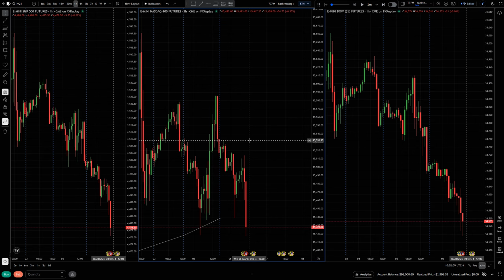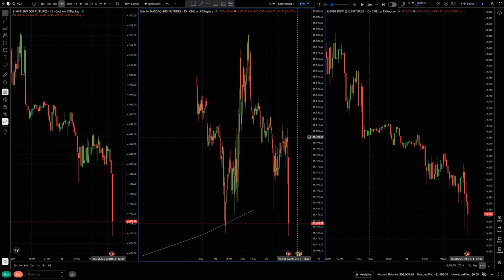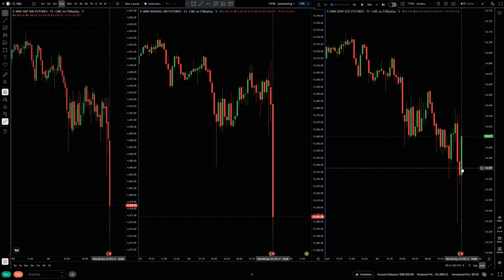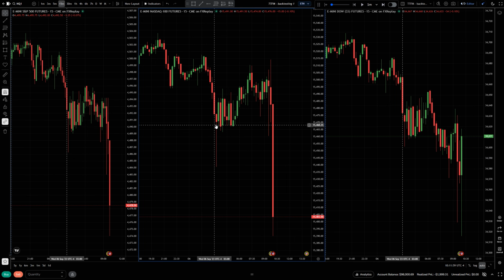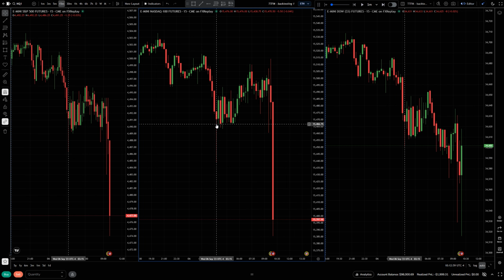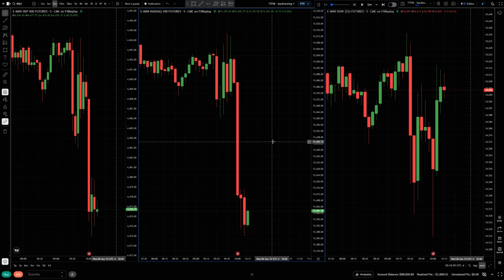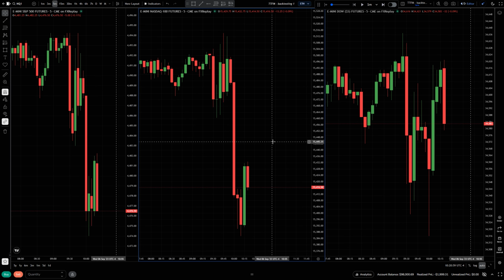I was looking for higher prices on NQ. And we are still pushing down with NQ, and we can see that on ES we are starting to go higher. So we are decoupled once again. I'm just waiting to see some kind of strength switch.